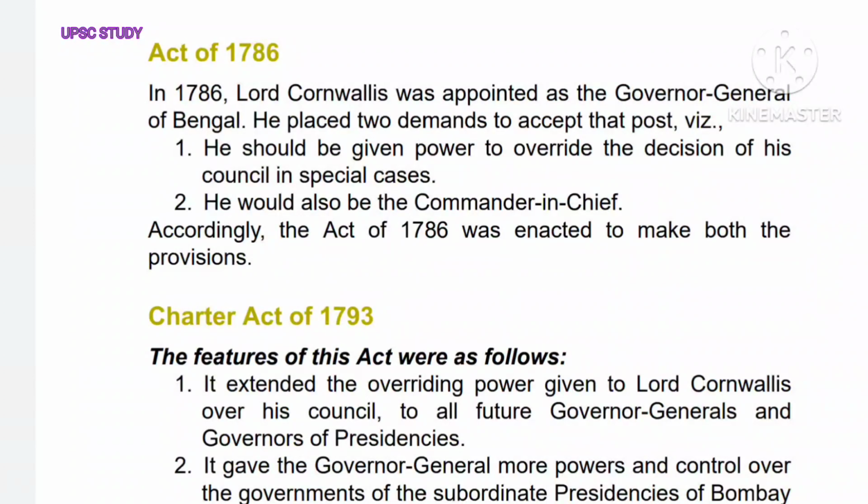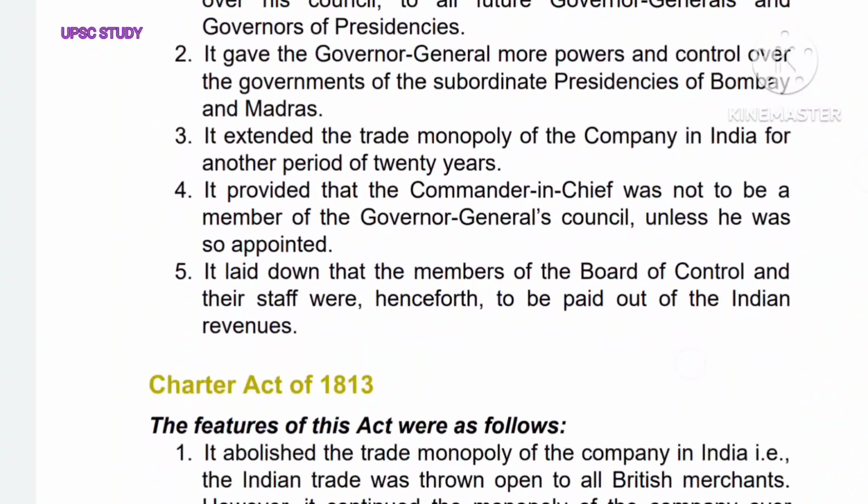Number 2. It gave the Governor General more powers and control over the governments of the subordinate presidencies of Bombay and Madras. Number 3. It extended the trade monopoly of the company in India for another period of 20 years.